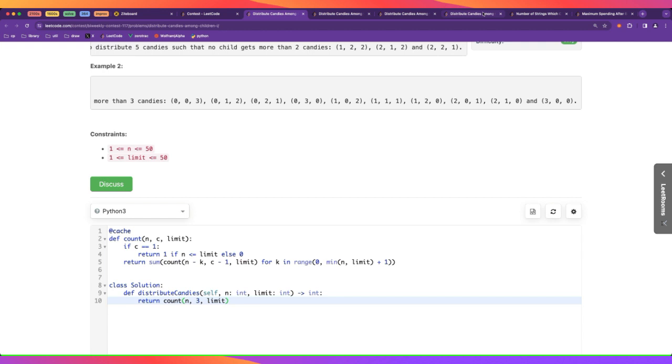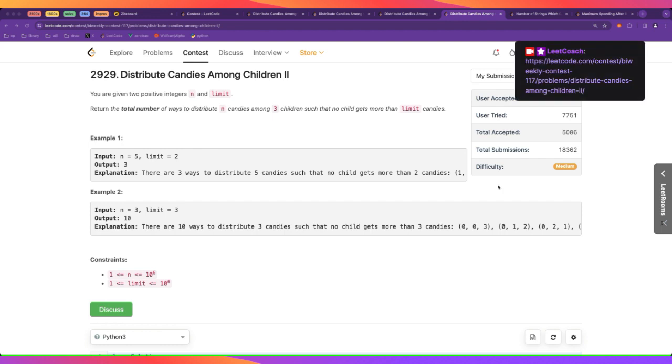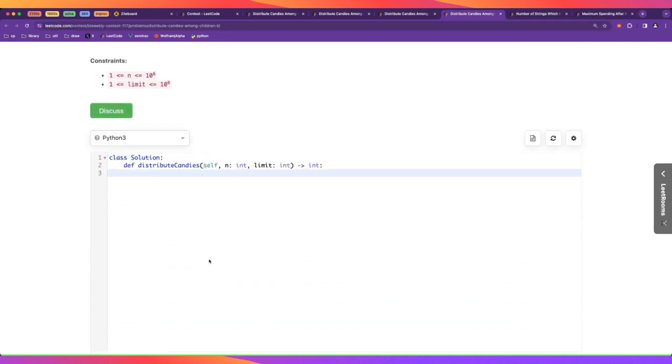Okay, so let's move on to question 2, which is the same problem, but this time we have up to 10 to the 6 candies and up to 10 to the 6 limit.